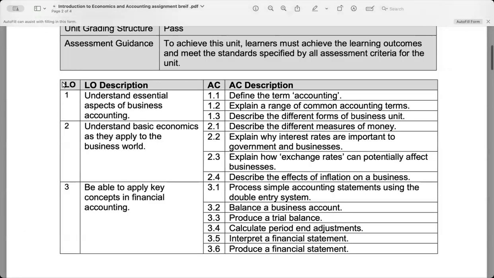Okay, so in our first session, we developed a foundational understanding of business accounting and its significance. We learned that accounting is the systematic process of recording, analyzing, and reporting financial transactions, allowing businesses to track their financial health and make informed decisions.